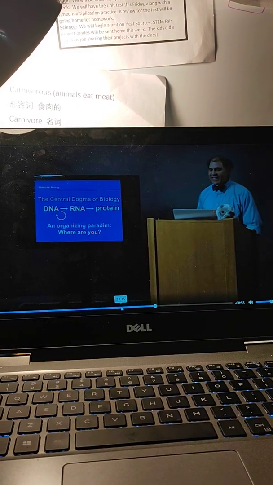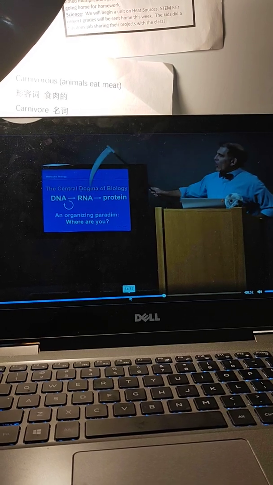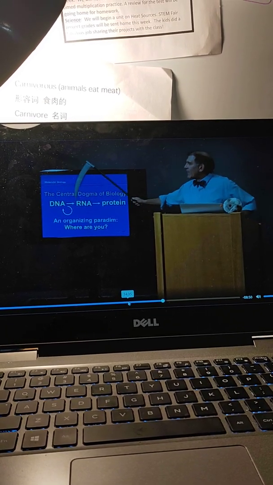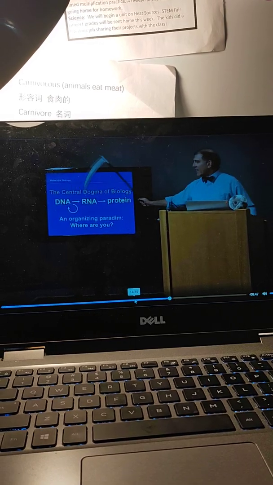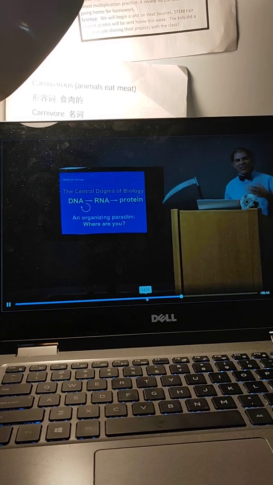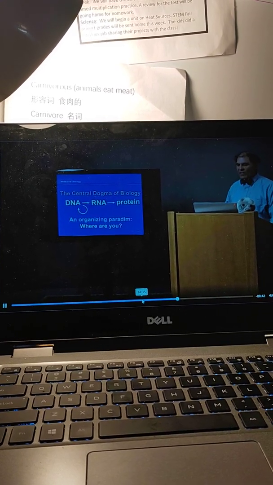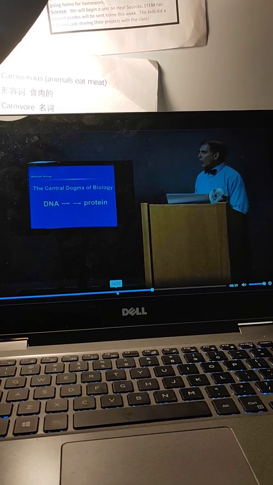Okay, so let's see what Crick was talking about. He showed this diagram here, which is the flow of biological information. And this is an organizing principle that allows us to think about the different processes in living things.